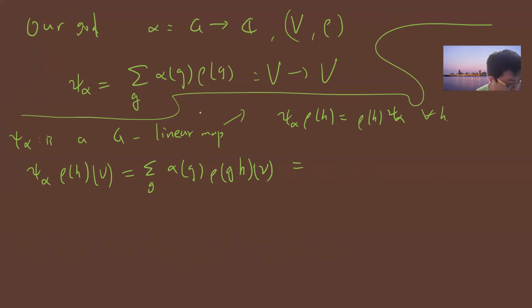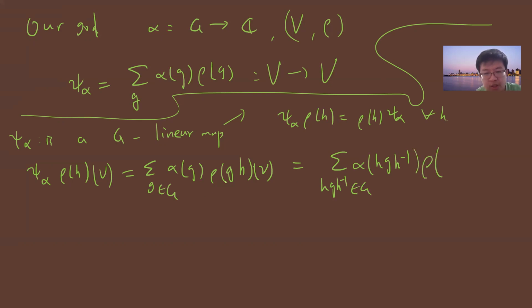Okay, so let's do some trick and change g to be h inverse. It's just some change in notation. You just change a variable, so g maps to h inverse, right? So gh becomes hg, right?